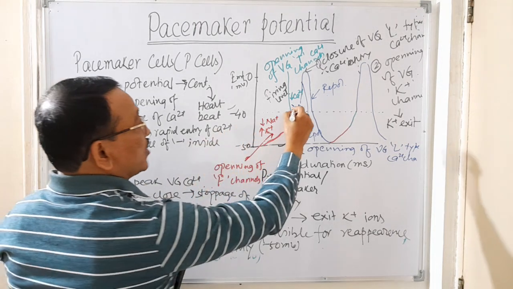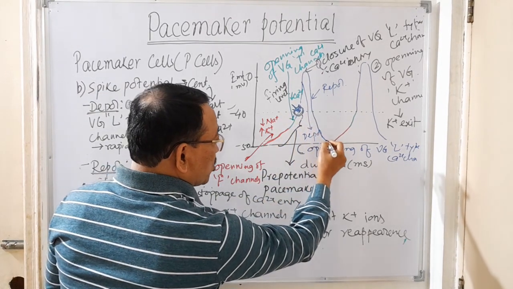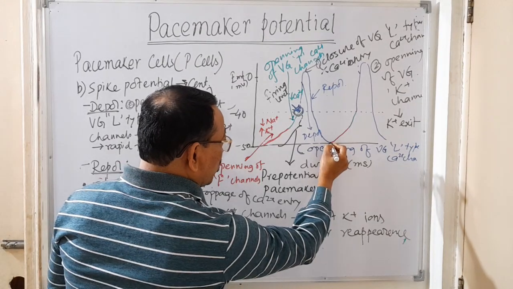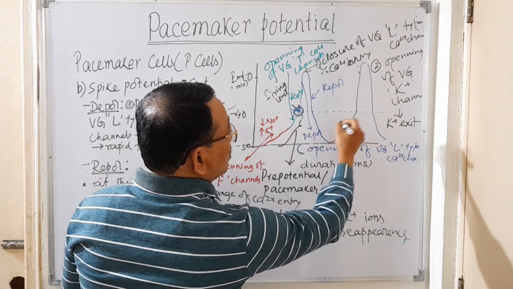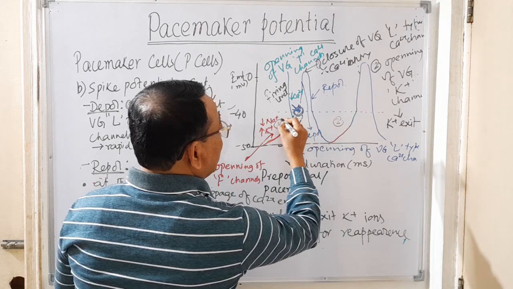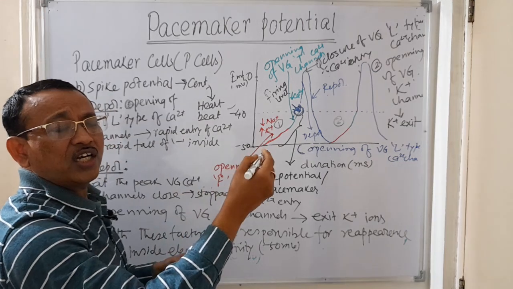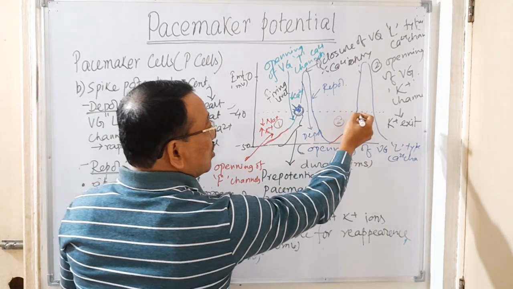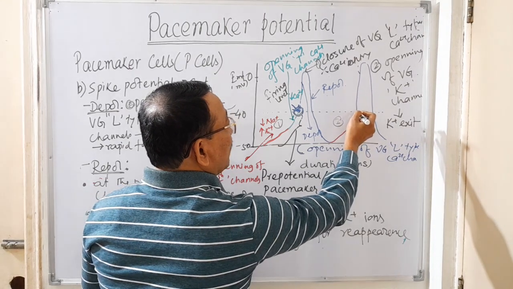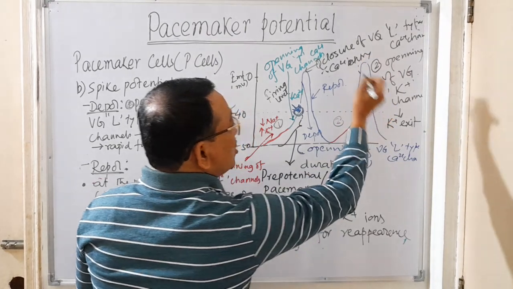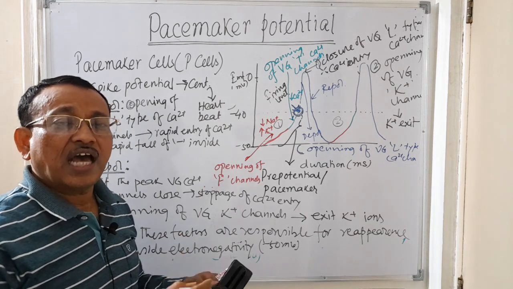So this is how the spike potential is developed, and once the resting level potential comes back to the original value, that is minus 50, again the prepotential will be developed. This is the first cycle and this is the second cycle. The second cycle of the pacemaker potential will be initiated automatically, and that will bring the membrane potential towards the firing level, and then again there is initiation of the spike potential, another action potential, and that results in another heartbeat.